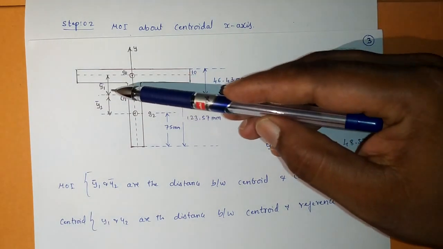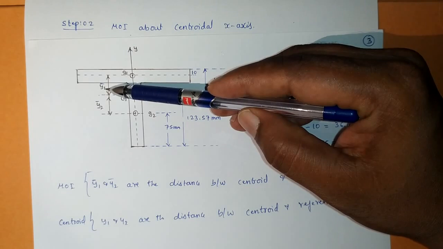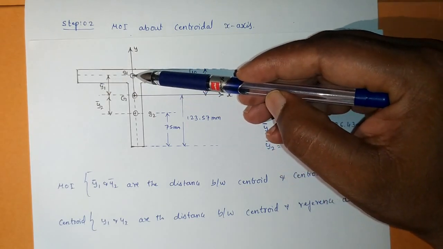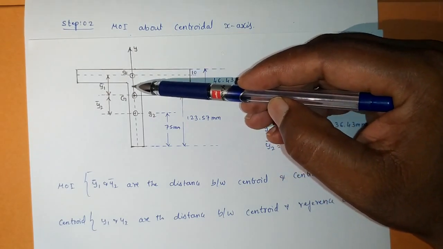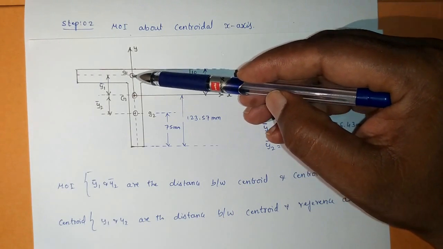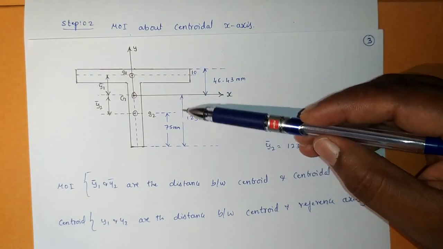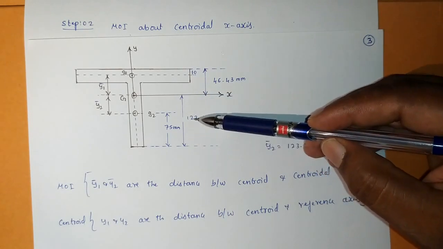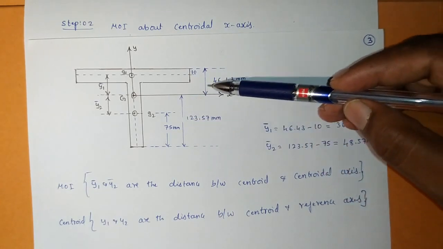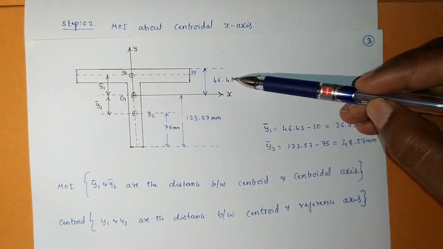Now y1 bar. y1 bar is the distance between the centroid of section number 1 and the centroidal axis. How do we calculate this distance? We know the distance between these 2 points, that is y bar, 123.57. The remaining distance is 46.43.